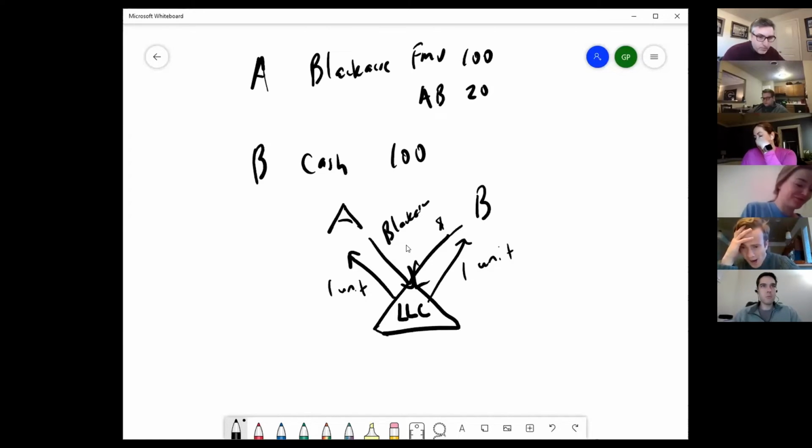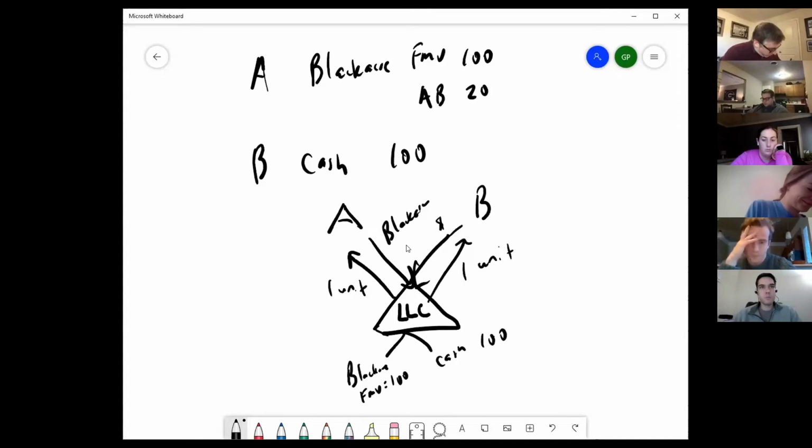And the LLC ends up holding Blackacre and the cash. And of course, Blackacre has a fair market value of 100. Cash is 100. Each unit is worth 100. And so the question is, what are the tax consequences, and what's the basis?